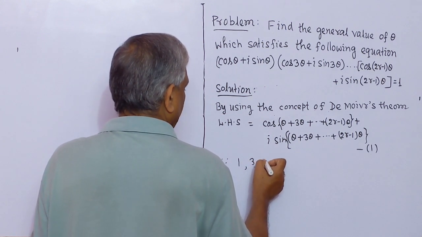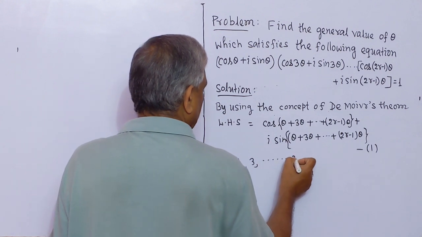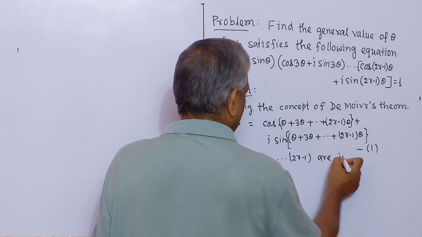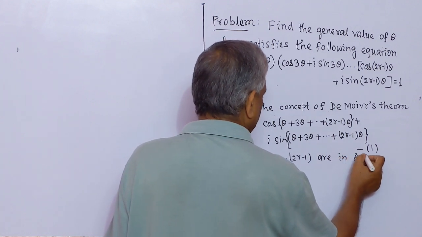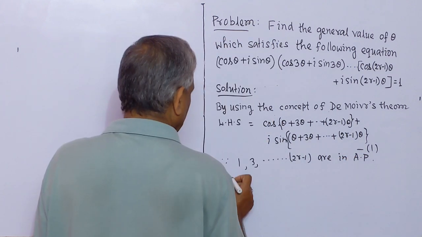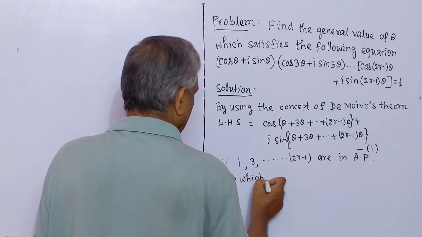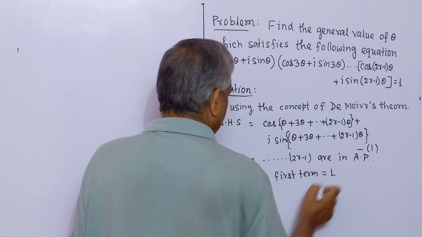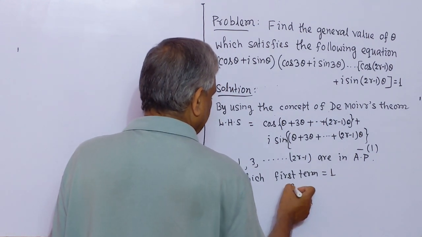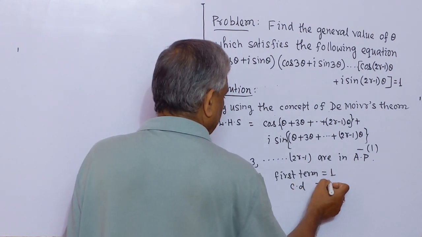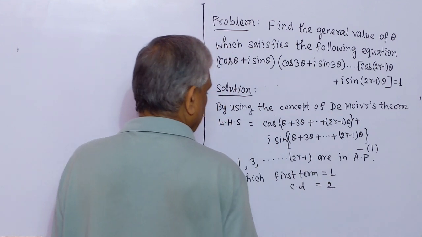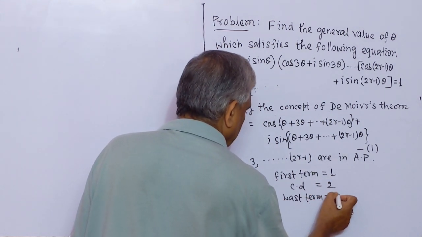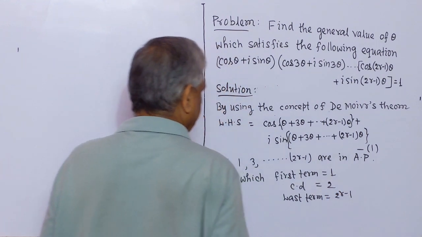Since 1, 3, up to 2r minus 1 are in AP, arithmetic progression, in which first term equal to 1, common difference equal to 2, last term equal to 2r minus 1.